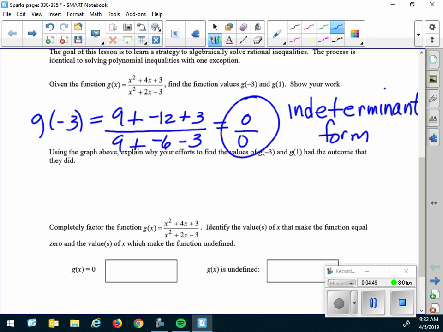Can you pronounce it? Indeterminate form. An indeterminate form means, hey, there's something else I need to do. Direct substitution doesn't work. So we're going to come back and talk about that in a minute. Did you write down g of negative 3 equals 0 over 0? Okay. Because I don't want you to lose that.